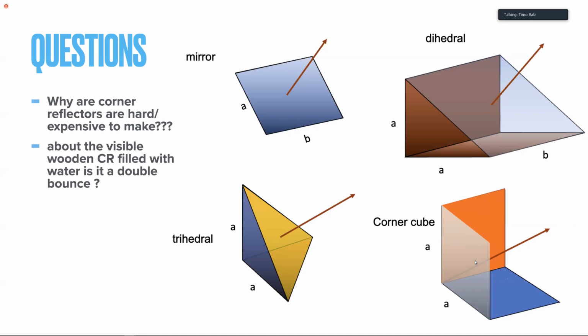If you are using your corner reflector to calibrate your satellite, and you want to measure the backscattering strength of the corner reflector, that's going to be expensive, because then you need special steel. You need steel that does not expand very much in heat and keeps a similar area under certain weather conditions.